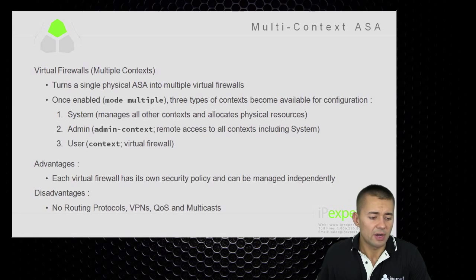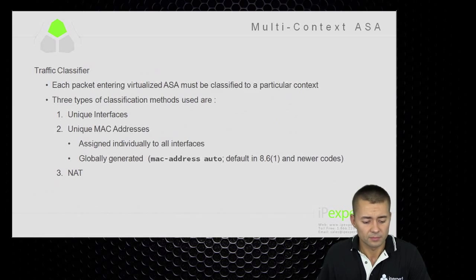Okay, now let's talk about traffic classification, which is an important concept related to the multiple context mode. In multiple context mode, you can allocate a single interface or maybe a sub-interface to more than one context. This means that this particular port is going to be a shared interface.